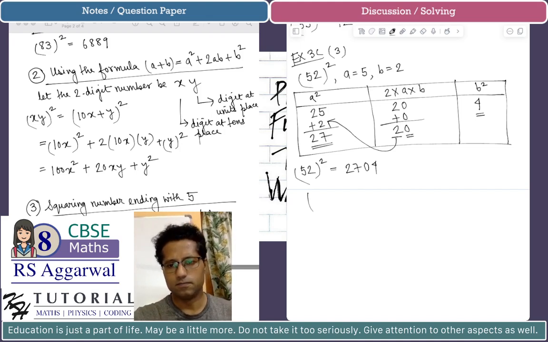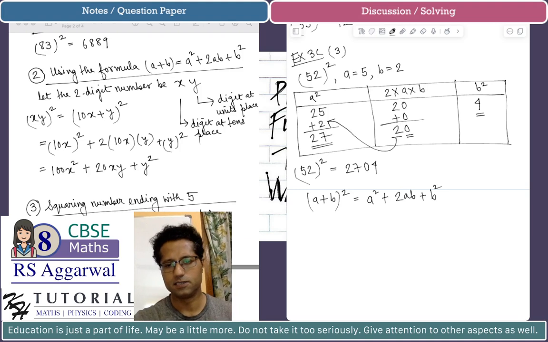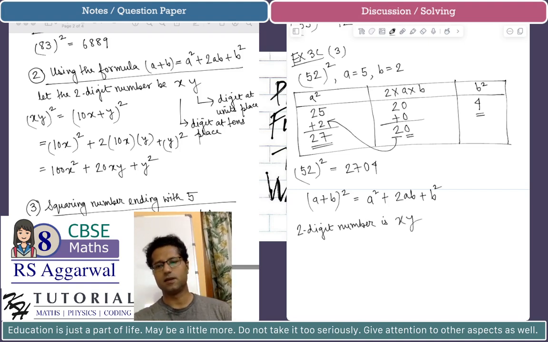You know the formula, algebraic identity, that a plus b whole square is a square plus twice of ab plus b square. Now if you are given a two-digit number, let's say x and y, that is x is a digit and y is a digit.